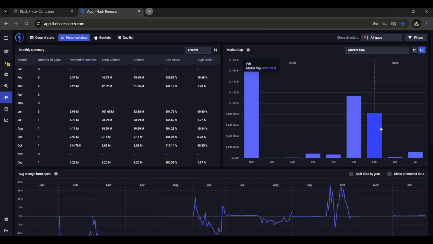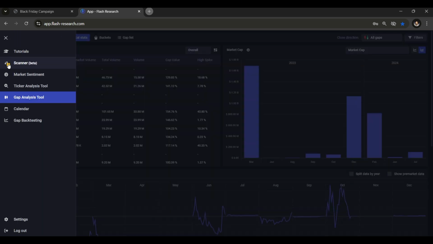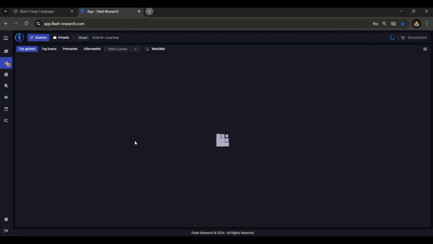Let me see the chat. Can I save the gap list as an Excel file? Not at the moment. We are not offering this option right now, but it's something that we see a lot, people asking for that, and we are thinking about implementing it. We have some things on the list right now. We are releasing this scanner right here in some days.